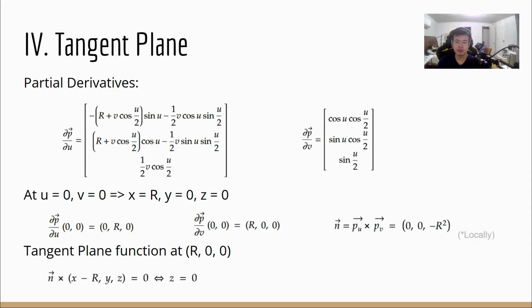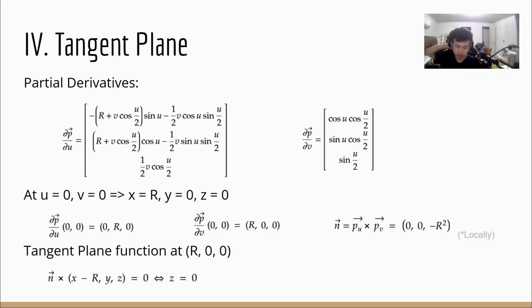So I chose to compute the tangent plane at the point u equal to 0 and v equal to 0. By substituting u and v into the derivatives that I calculated, I found that the derivative with respect to u is 0, r, and 0, and the derivative with respect to v is r, 0, and 0.